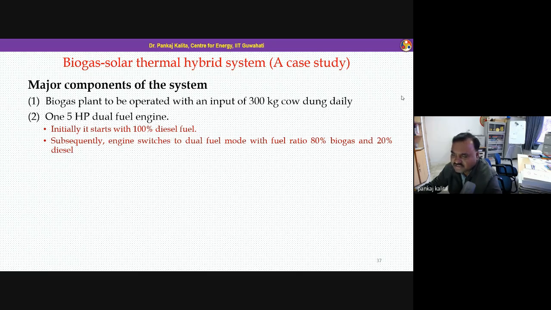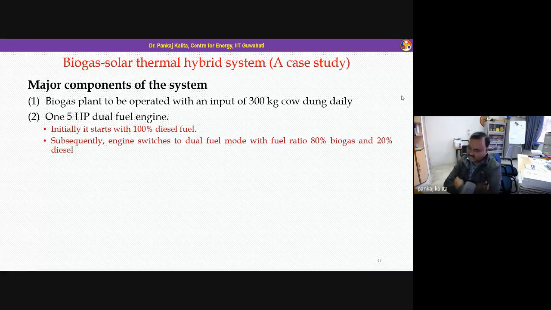Initially, it starts with 100% diesel fuel, and subsequently, the engine switches to dual fuel mode with a fuel ratio of 80% biogas and 20% diesel. Okay.